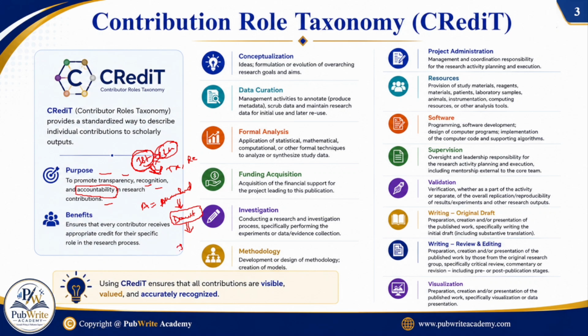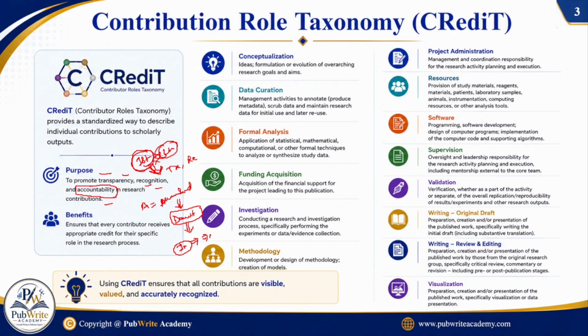But if you have a certain standard or format where you can specify that work, then each and every author of that manuscript will be aware that this work is done by that author, and he or she will be responsible or accountable for that work. So this is a standard developed by the CRediT role taxonomy.